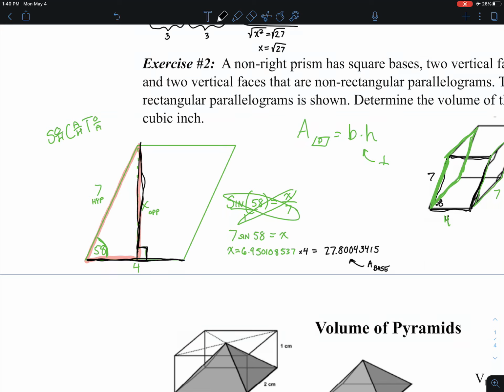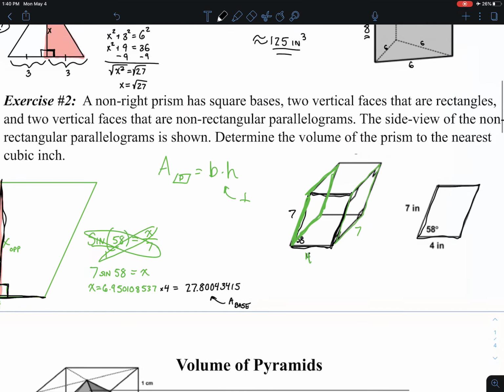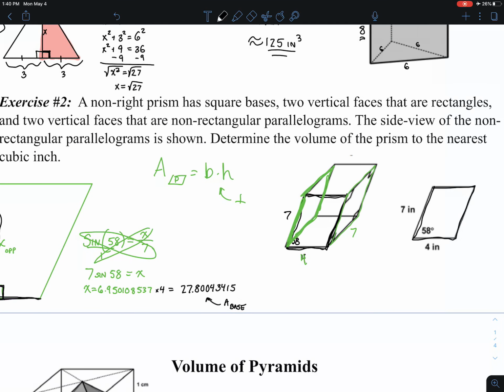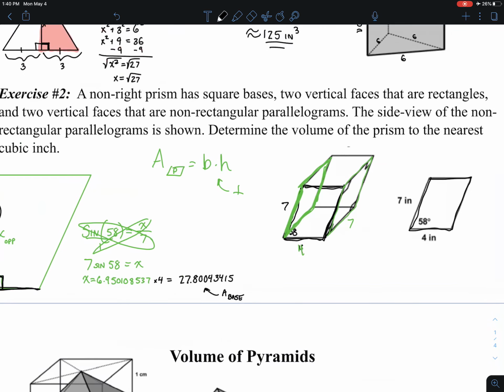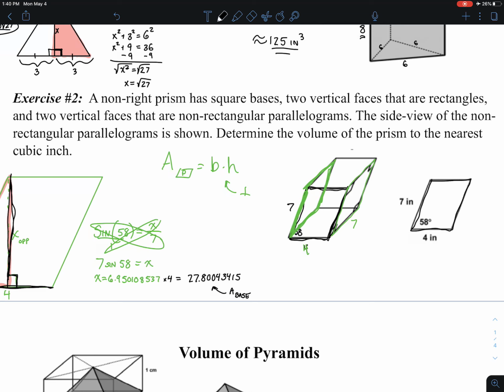So now this is the area of the base, right? So what we need to do now is take that area of the base and multiply it by 7. So give me a second here. I got to put in the calculator 27.08843415 times 7. And does it say to round? Yes, round to the nearest cubic inch.